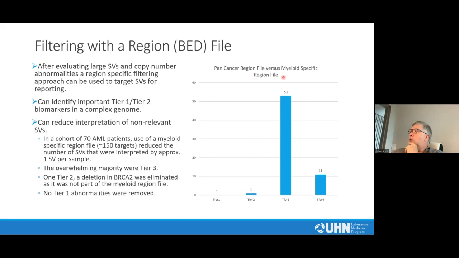And so we developed a myeloid-specific region file that has, I believe, 144 targets in total. How we did that basically is we took the most recent guideline papers that have targets: the WHO 5th edition, the ICC paper, the ELN guideline paper by Döhner. We took all of those genes that were tier 1 or tier 2 genes and added those to the list.